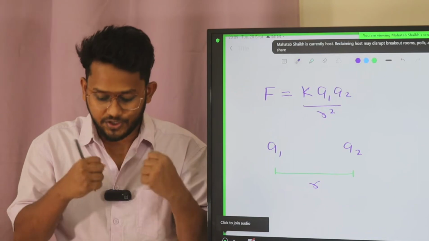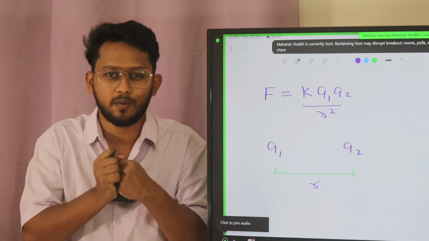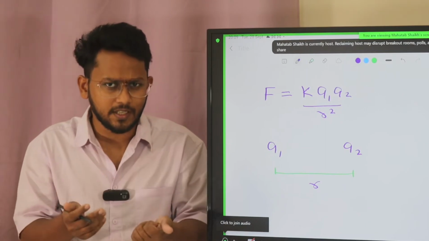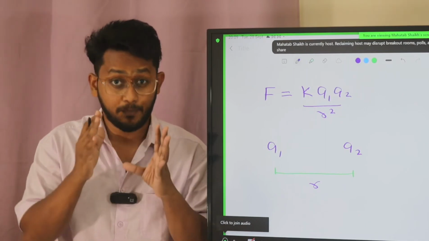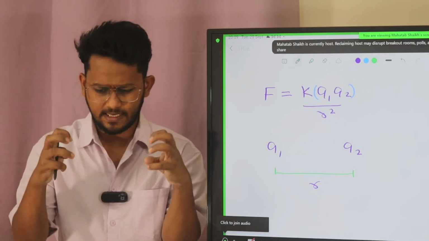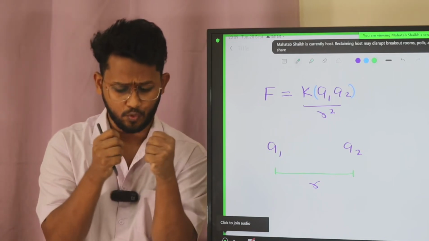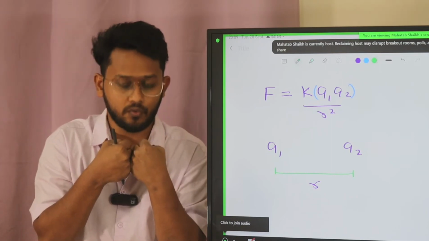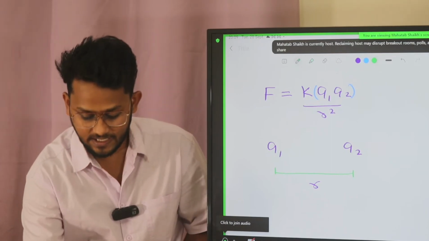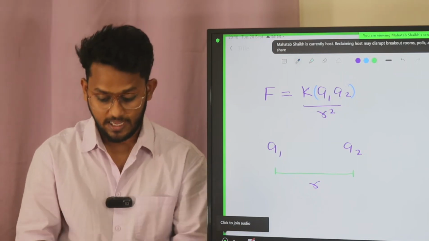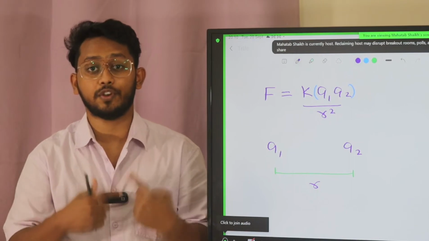This means if the charges are strong, the force will be strong. That's directly proportional to the product of the charges. Also, if you bring those charges closer to each other, they will apply a stronger force. So if the distance is less, the force will be higher, and that too as a square.